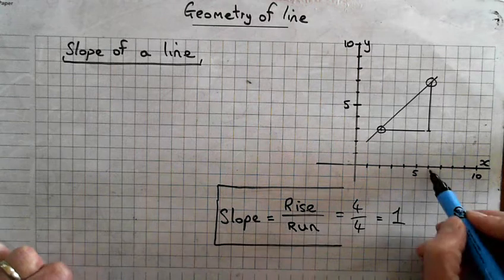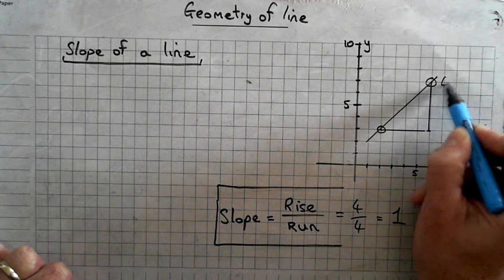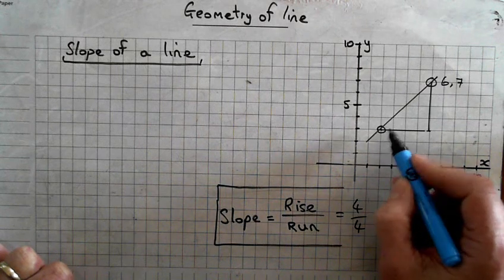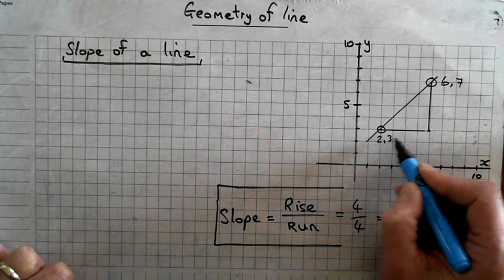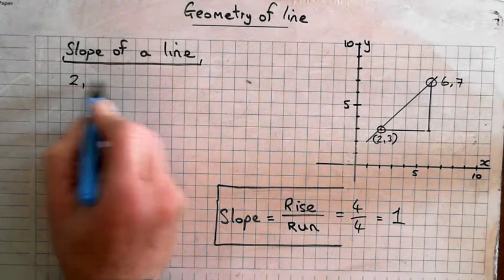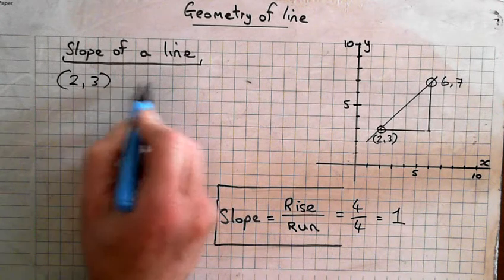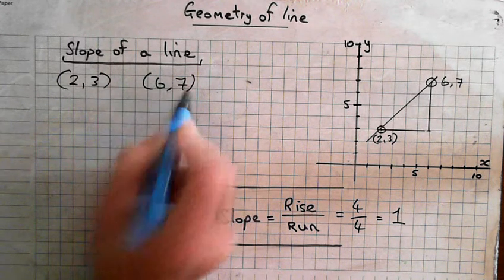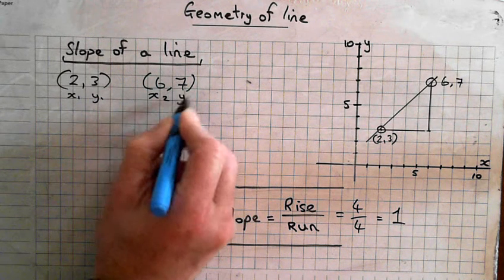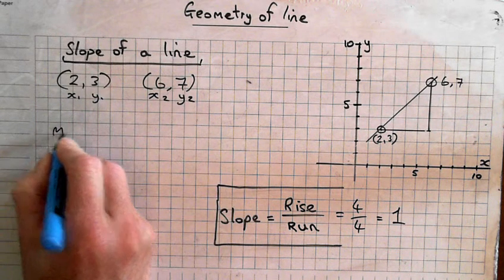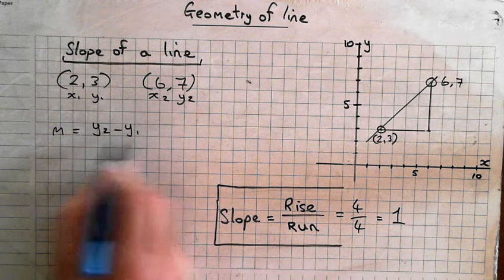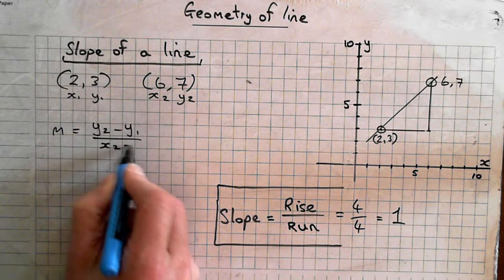Using the formula, this point is 6, 7. This point is 2, 3. So using the points 2, 3 and 6, 7, x1, y1, x2, y2, and using the slope formula, which is in your maths tables, m is equal to y2 minus y1 over x2 minus x1.